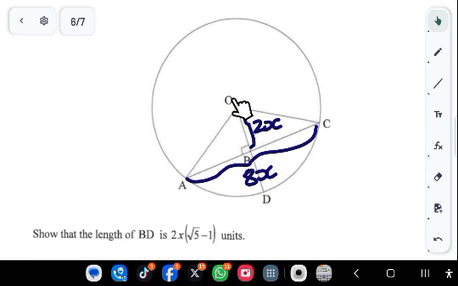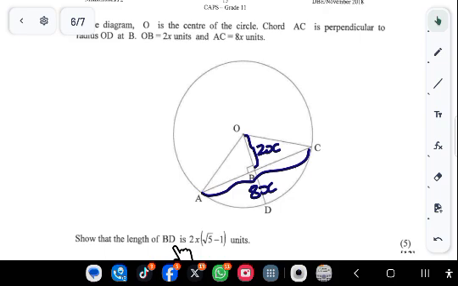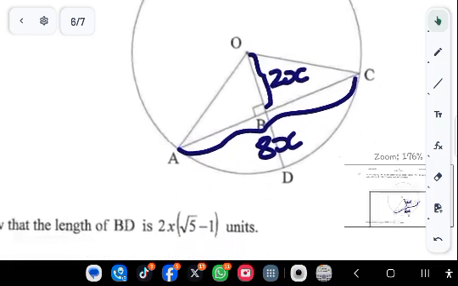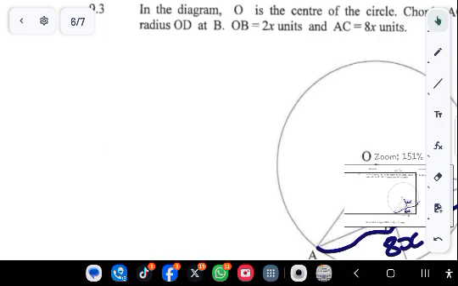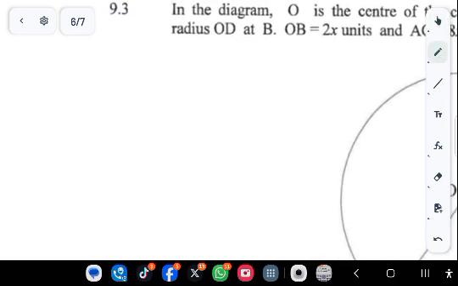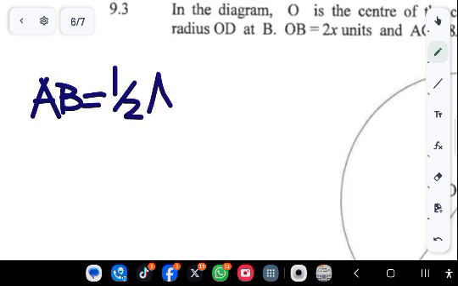AC is perpendicular, so we have a right angle triangle. Show that the length BD, this is BD, equals 2x(square root of 5 minus 1). From the theorem, we know that AB is equal to half AC.